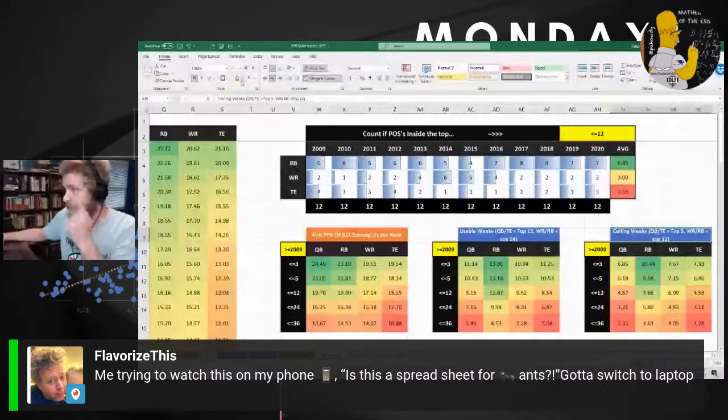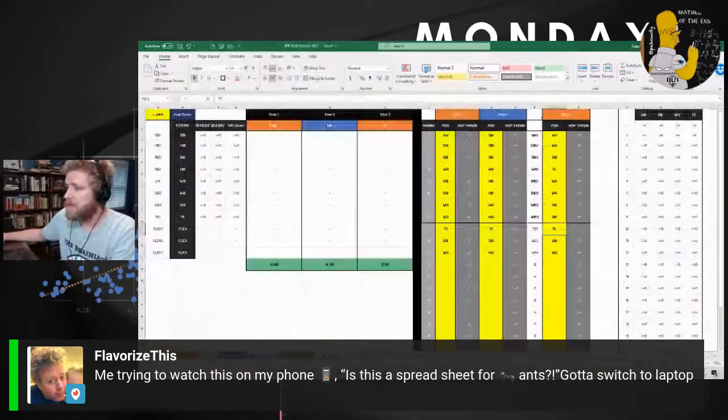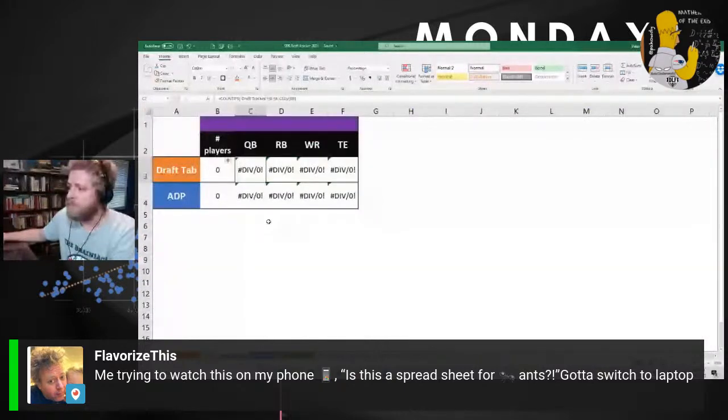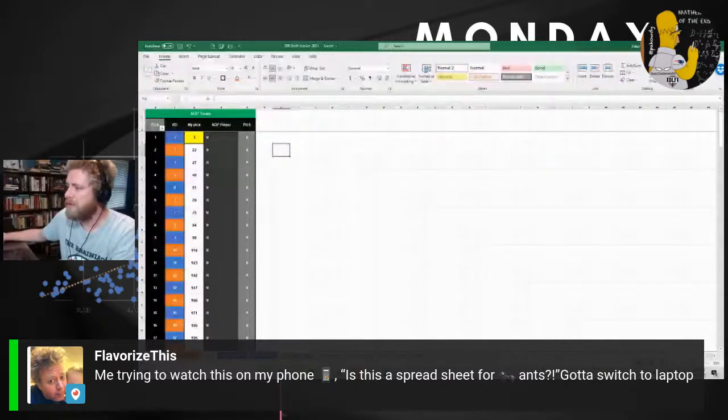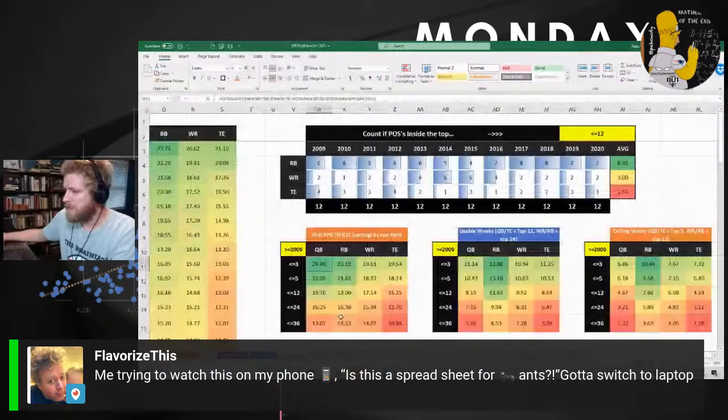Average points per game. Neat. Gotta find ADP data. Yeah, that's just kind of useless. I'm deleting that. Neat.